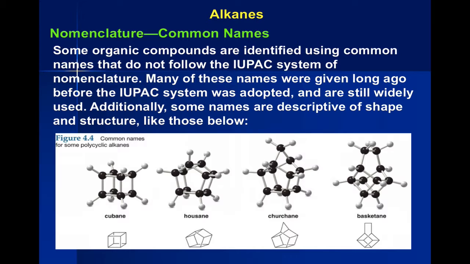You can make it, you can put it in a bottle, but it also will catch fire quite easily and do a number of other things. So we have cubane, houseane, churchane, and basketane. They are all hydrocarbons. But nonetheless, I would dare say these are not things that you could derive based on the IUPAC nomenclature rules, okay?